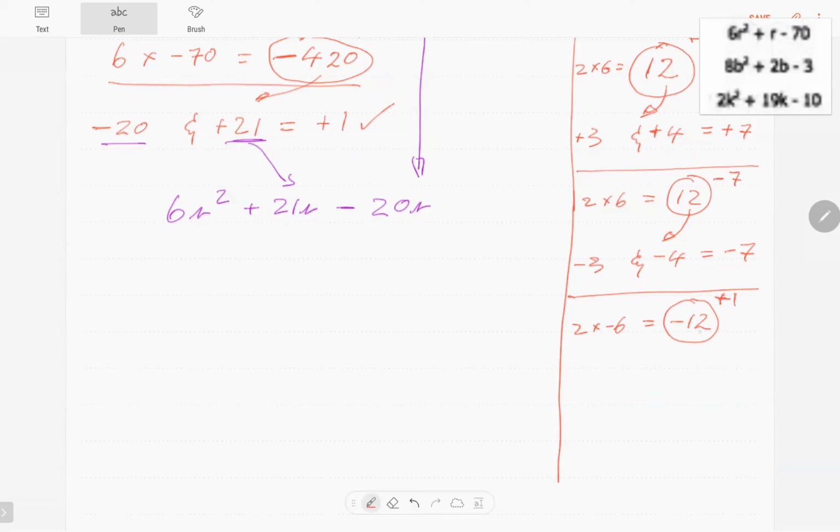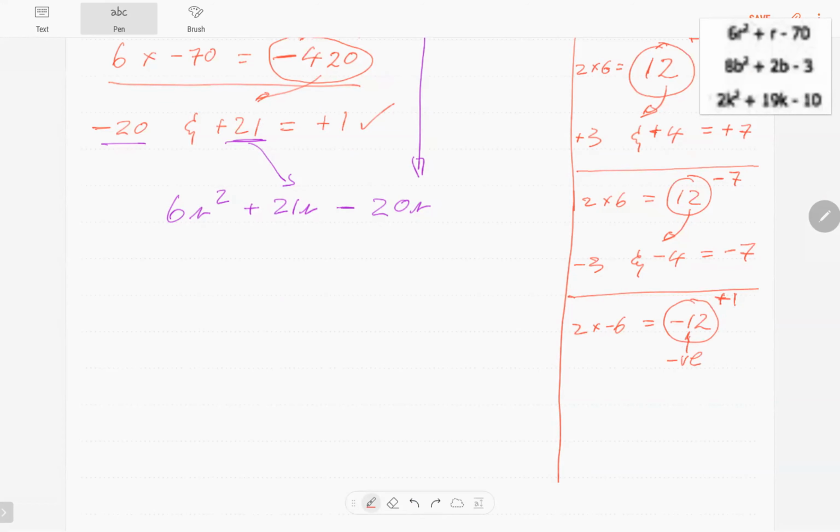This time now, this is a negative number. Now, for factors of a negative number, one factor must be positive and one factor must be negative. You give the larger one the sign of this.